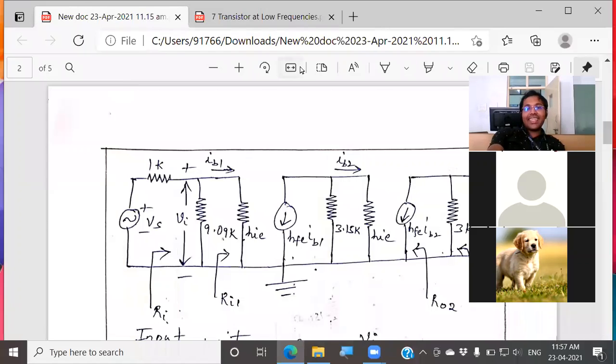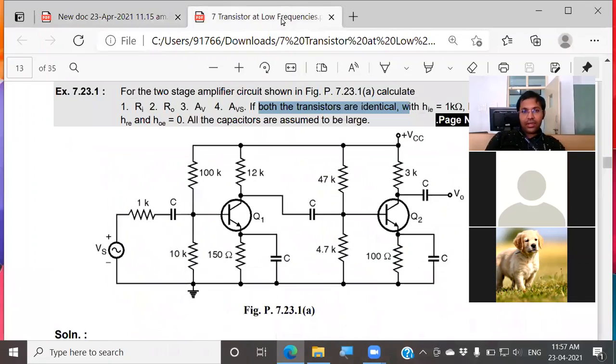Right now again, see, two-stage RC coupled amplifier or Darlington pair, CE-CB, CE-CC, whatever we have seen, the input resistance process is the same. So first remember these key points.